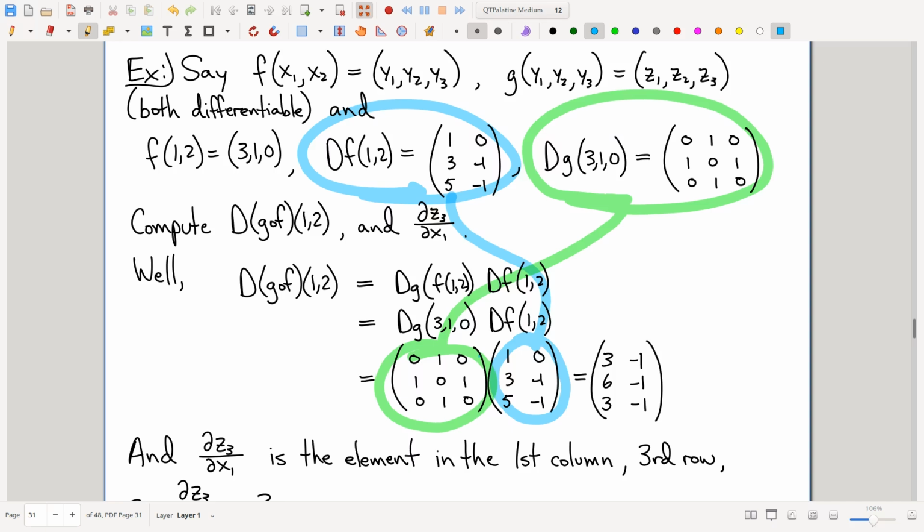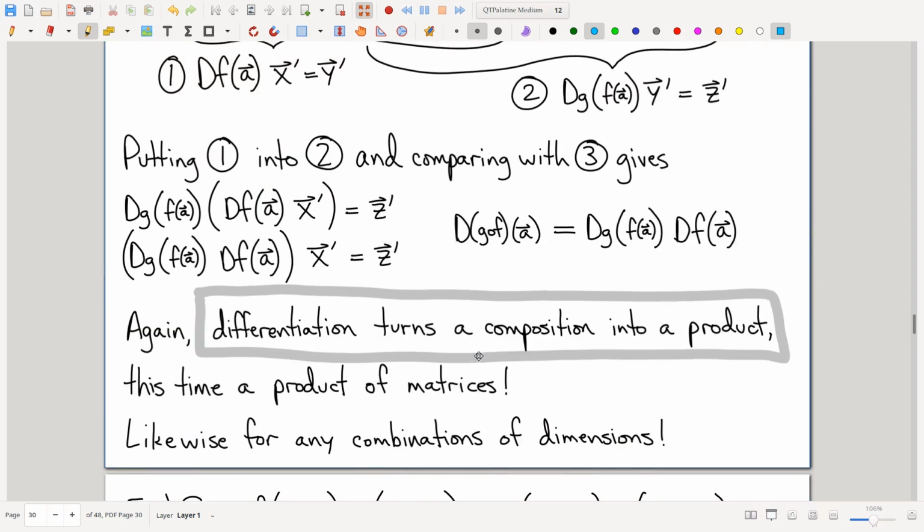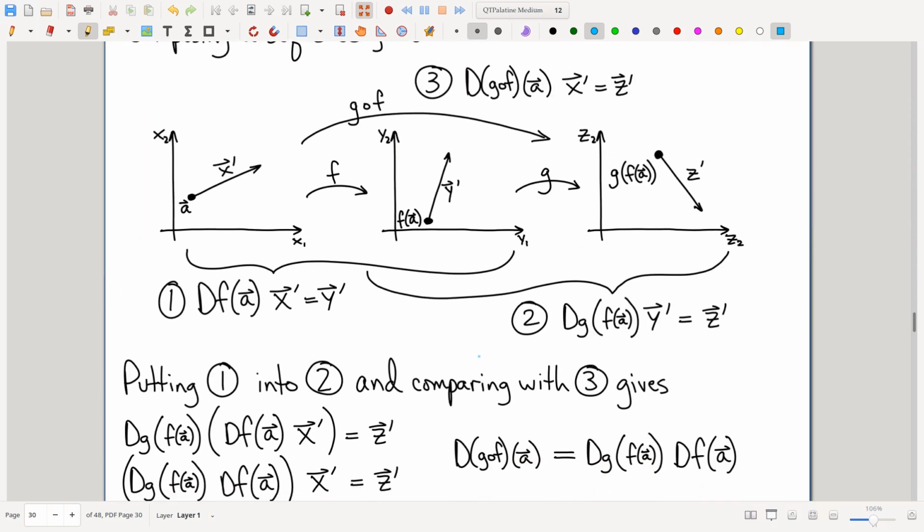Now, this is not optional. You have to do it this way. This is the right way to order them. We are, in fact, composing two linear transformations here, two matrices, and the one that acts first has to be the one in the algebra that acts first.